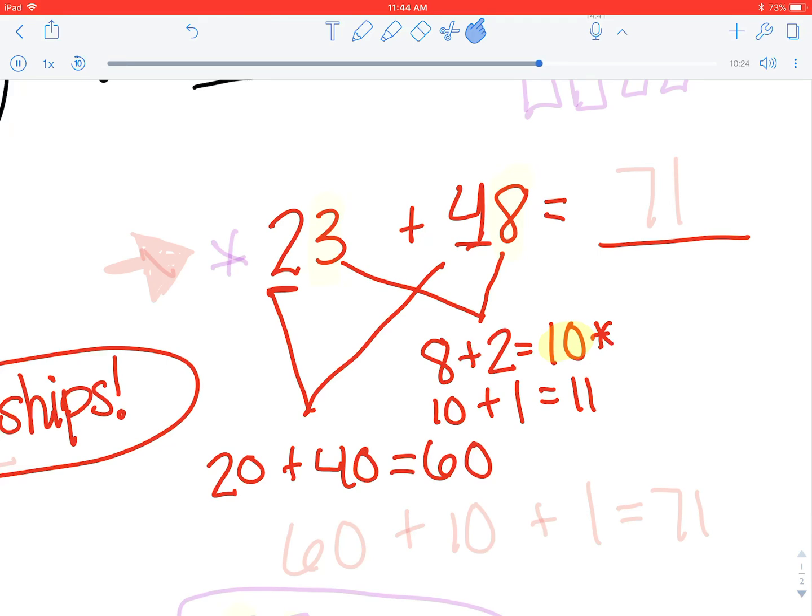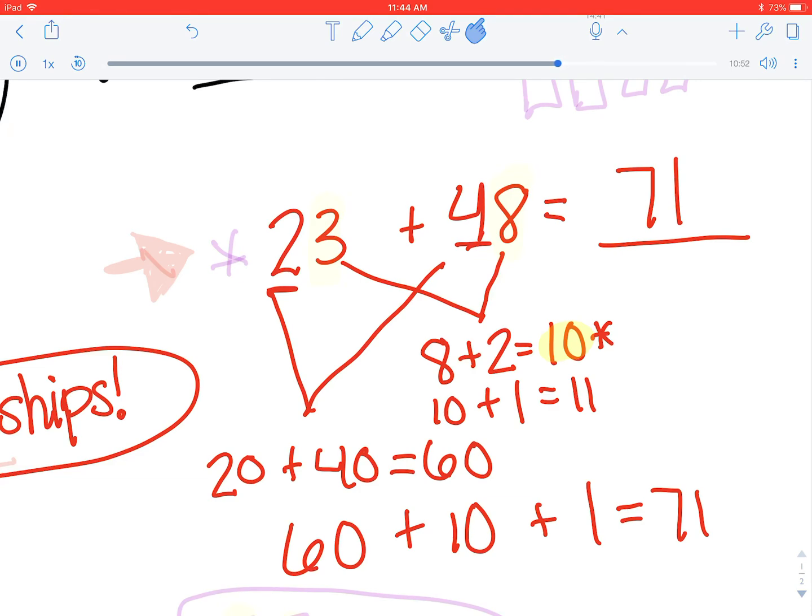So then we talk about, so now I have 60 plus 10 plus 1. And then they can get to 71. And there are many other ways that students can actually show the path of their work for this. This is just one example for them to show me their strategies.